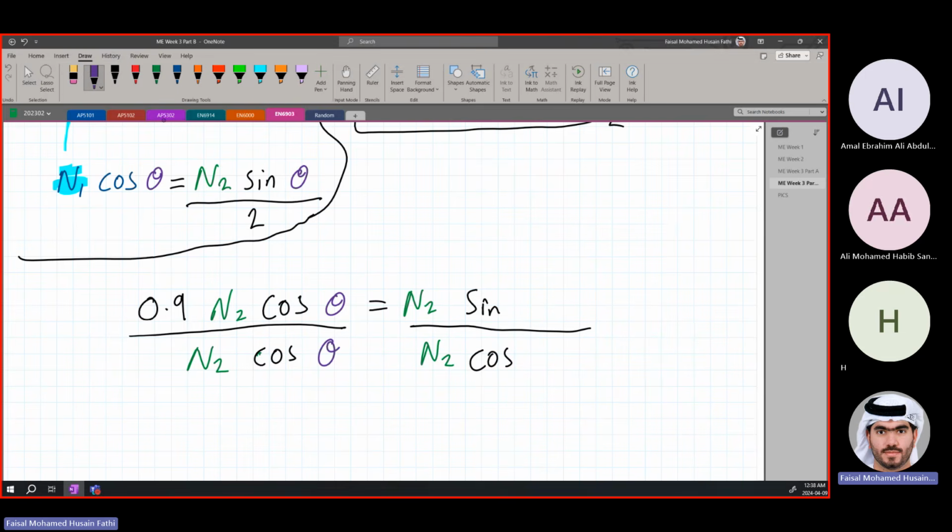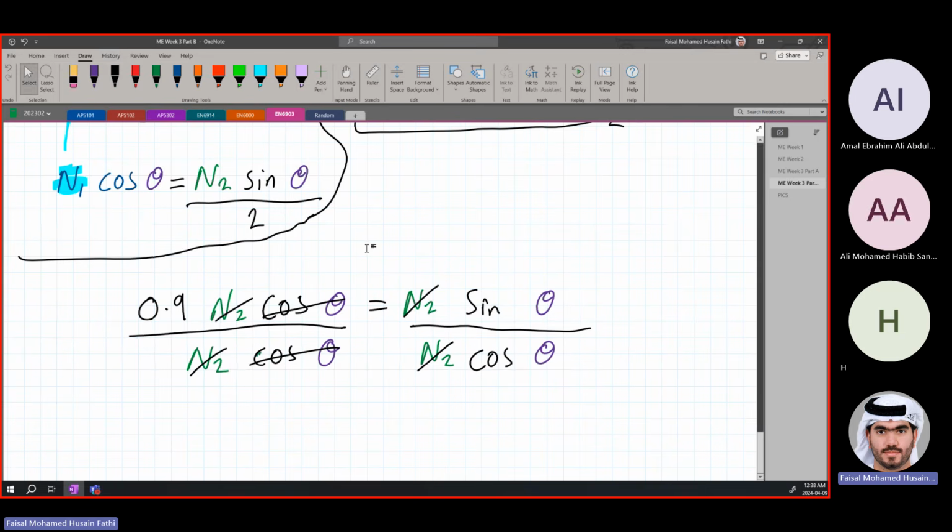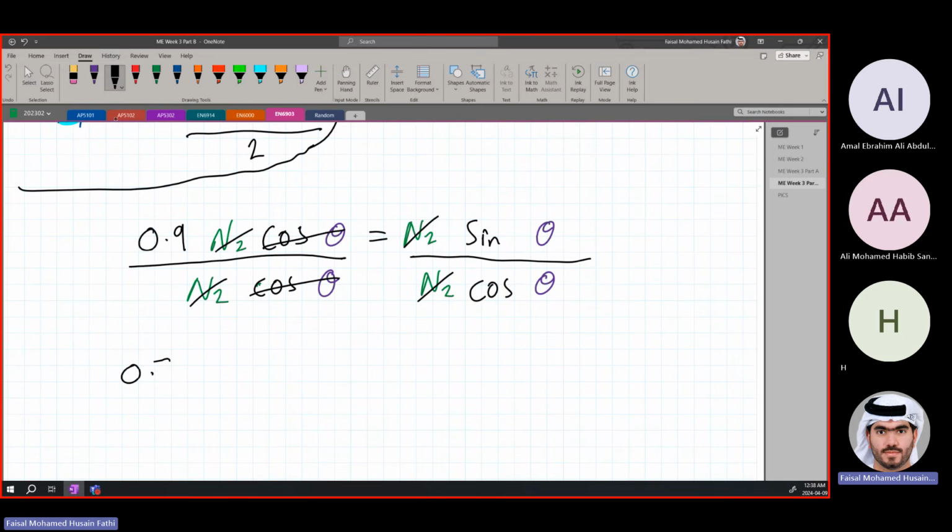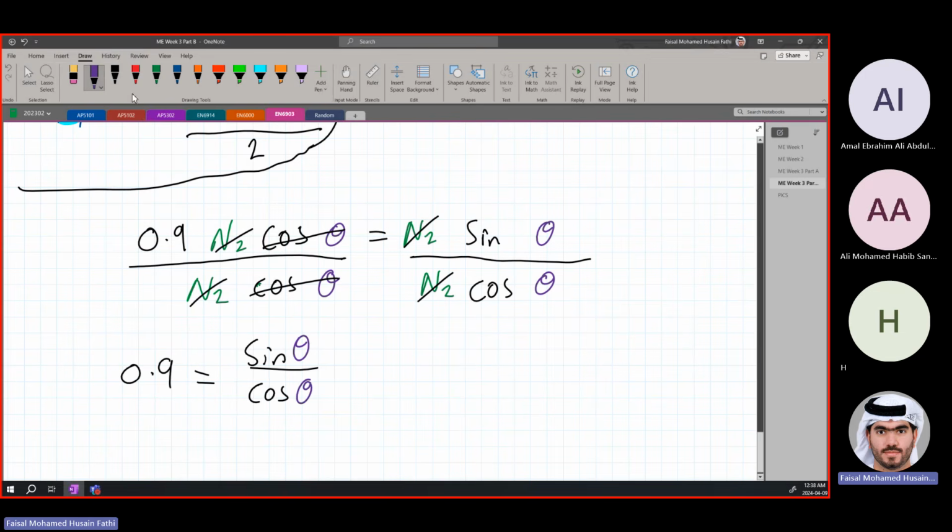You will also notice that the N2s will cancel, and the cosine theta will cancel on the left side. You will be left with sine over cosine. So 0.9 is equal to sine theta over cosine theta. Sine theta over cosine theta is what? It is tan theta.